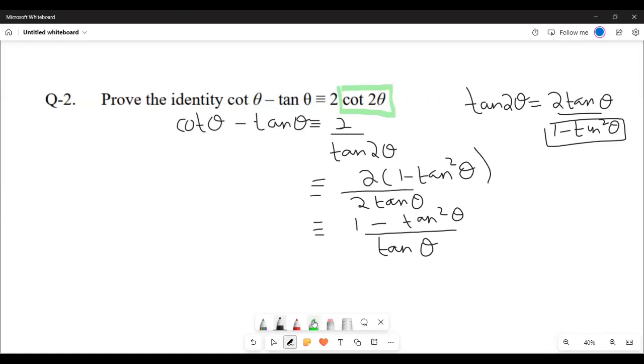Let's now move to the left-hand side. This is a simple tan form. Now let's try to change the left-hand side into right-hand side. How can I write cot theta again? What is cot? Cot is 1 by tan.